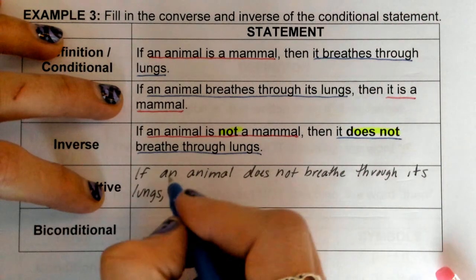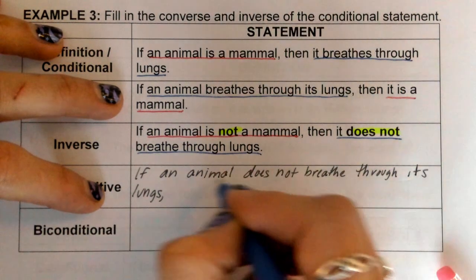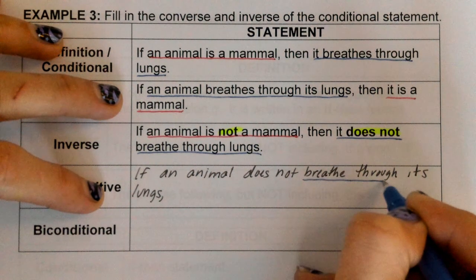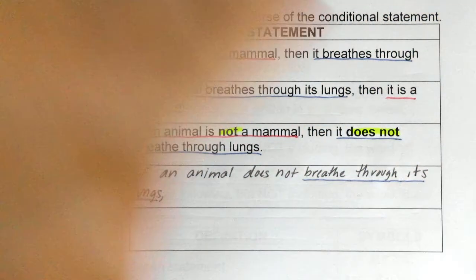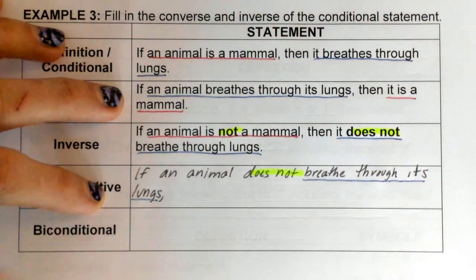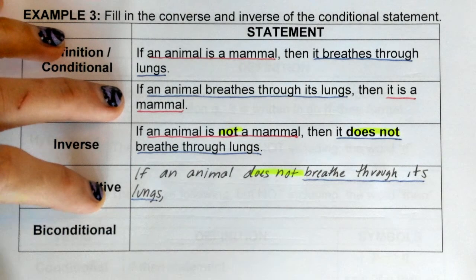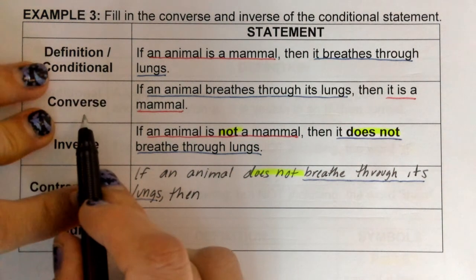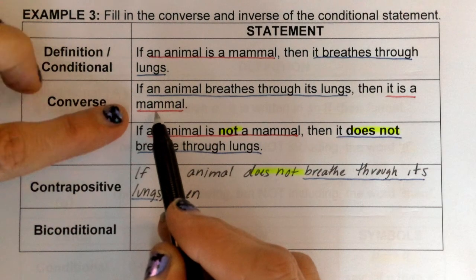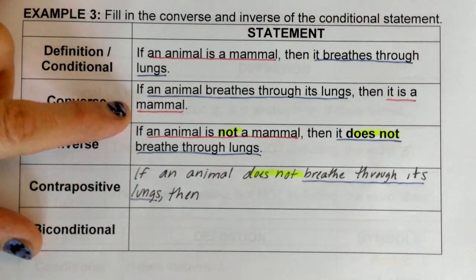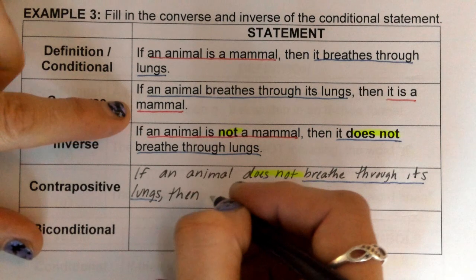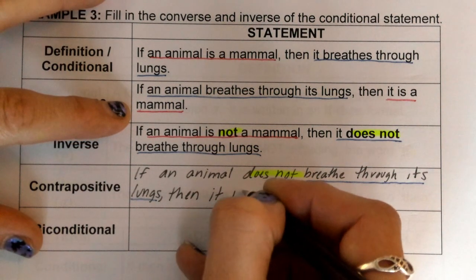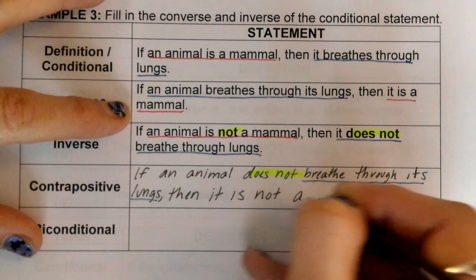So we have that breathes through its lungs part, but we have the does not, making sure that we see that we've negated it. Then, on our converse, we have it is a mammal. So we need to say the opposite of it is a mammal, and it is not a mammal. So then it is not a mammal.